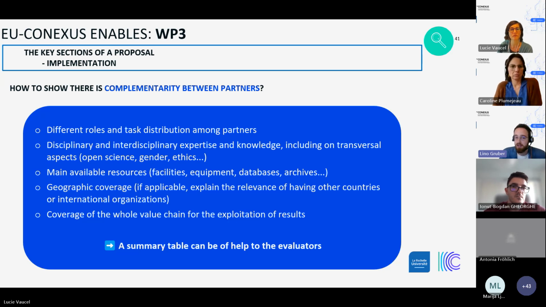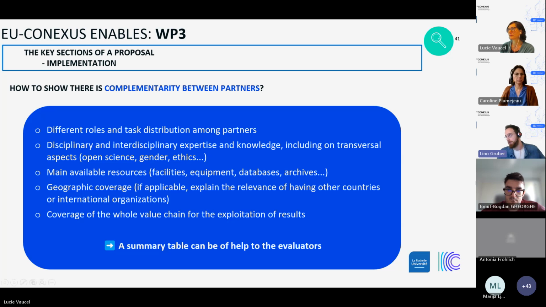In that case, you can show that you have partners from the private sector, from the industry, and it's something you want to look for, because it shows that you have plans for the exploitation of your project outputs and results, as Lucy mentioned. And then one advice would be to have a summary table. As Lucy mentioned also, it's something that can help the evaluator picture more clearly what you want to achieve.